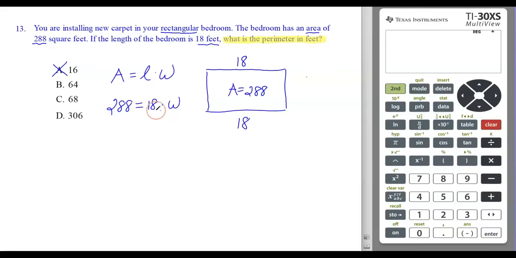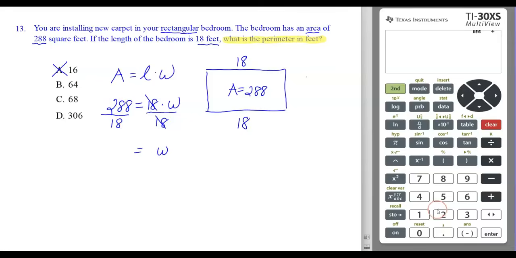To undo multiplication, you do division. So on the right-hand side of the equation here, the W is multiplied by 18. To undo multiplication, just divide by 18. And what you do to one side of the equation, you do to the other side. So I'll divide the left side by 18. And then W, or the width, equals 288 divided by 18.